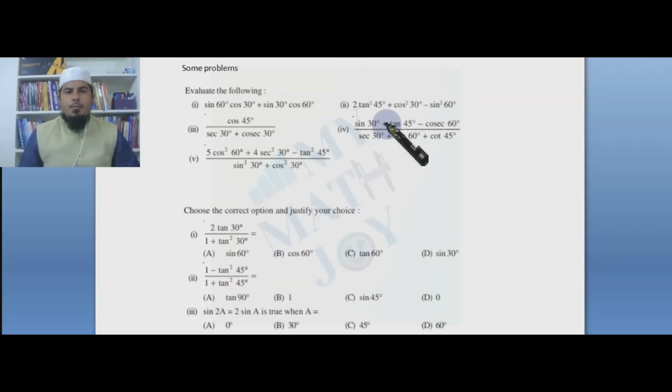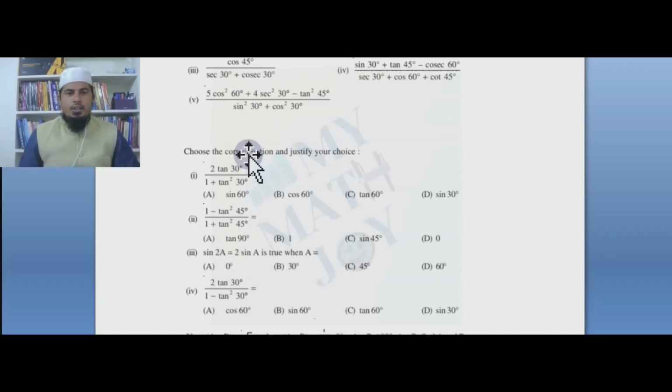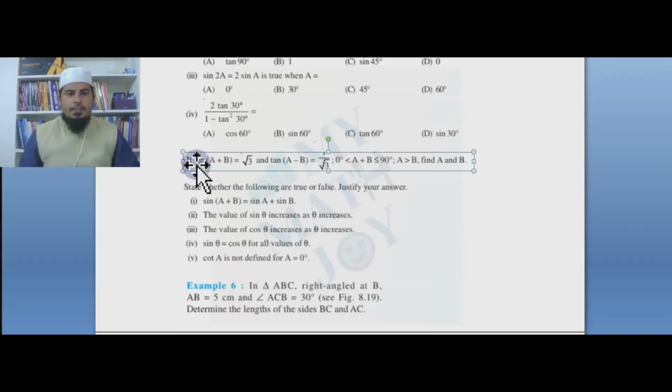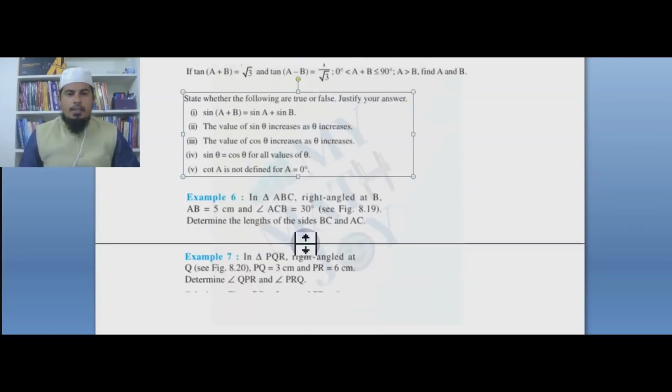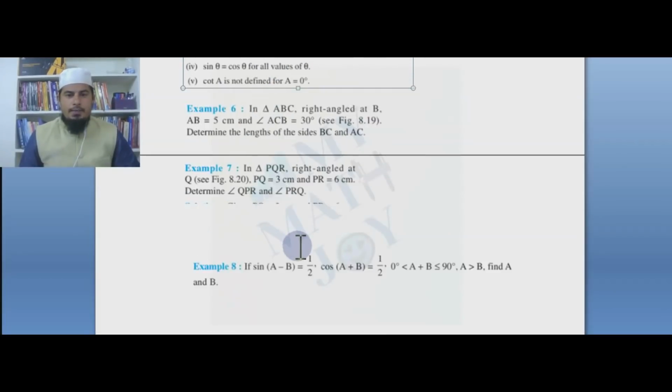Let us take some of the problems now. Some problems are 'evaluate the following', and some are 'choose the correct option and justify your answer'. Some problems are: if tan of (A plus B) is equal to root 3 and tan of (A minus B) is equal to 1 over root 3, then find the two angles A and B. And some questions are 'state whether the following are true or false, justify your answer'.